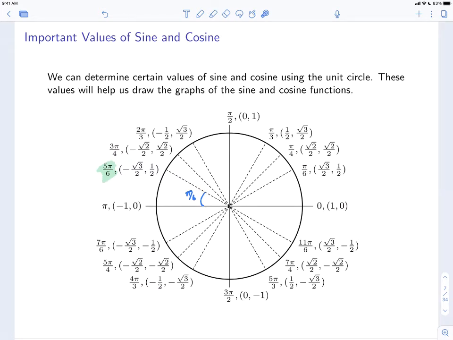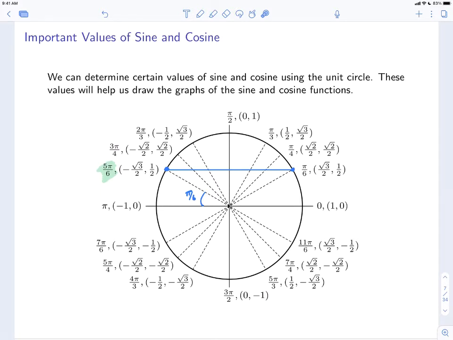Well, if I look at the angle pi over 6 in the first quadrant, I can see that this point 5 pi over 6 is the reflection of pi over 6 through the y-axis. So what does that mean? That means that the height is the same, 1/2.